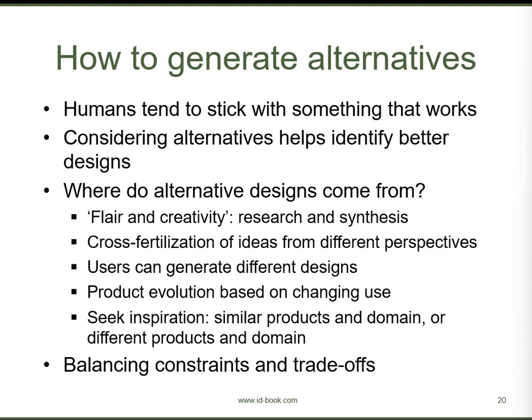And considering alternative solutions is a very crucial step in the process of design. So the question is, where do these alternative ideas come from? Where do alternative designs come from?